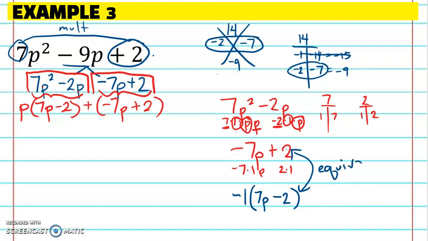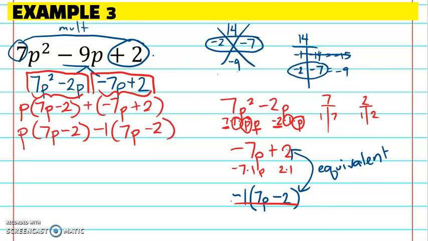They tell me the exact same story, but now I just manipulated it so that it actually benefits me and what I'm trying to accomplish. So I could rewrite this as p times 7p minus 2. Now I'm going to use this right here. Minus 1 times 7p minus 2.